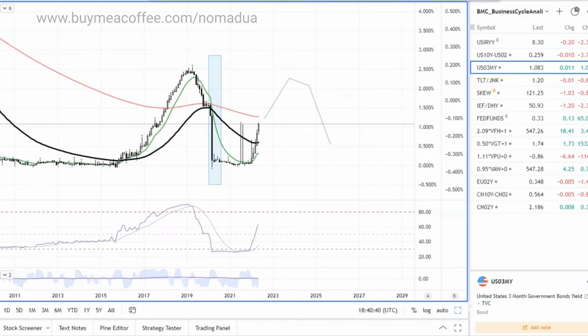Currently on the chart we see the beginning of the tightening policy by the Federal Reserve System.